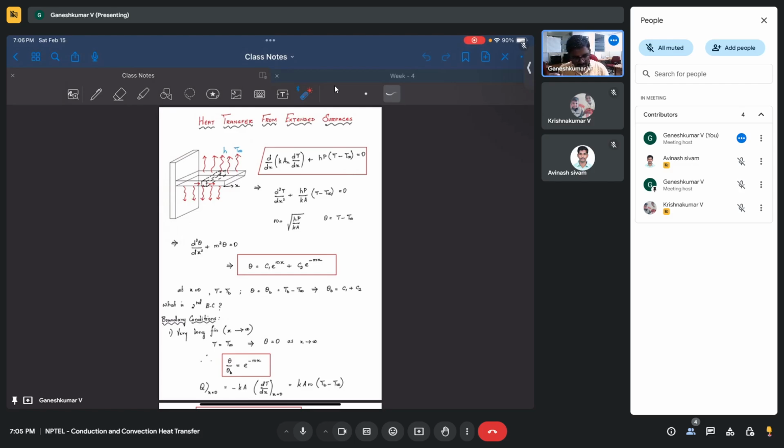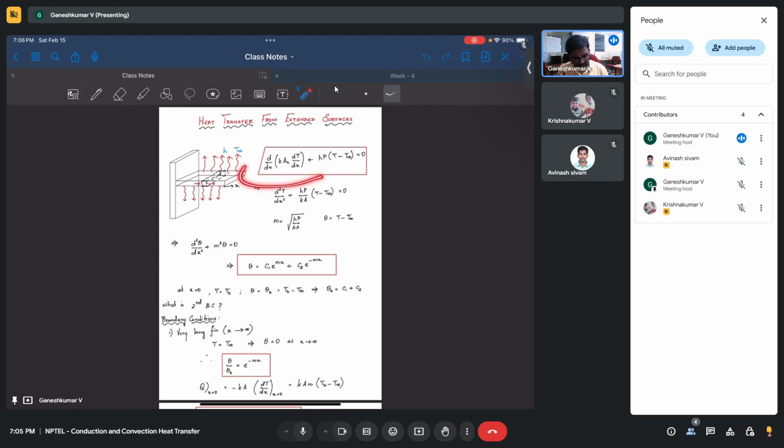I'm assuming the heat conduction in the other directions to be negligible, and only assuming heat is transferring along the x direction, because the base is at high temperature and the ambient is at low temperature. So heat travels in the direction where the temperature difference is, and that direction is x for us.